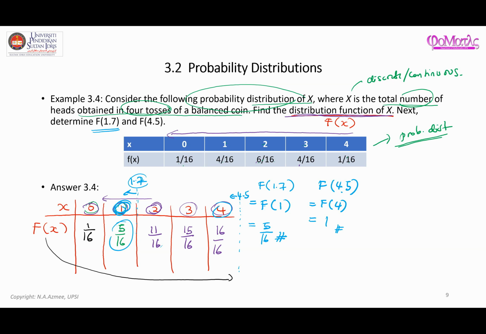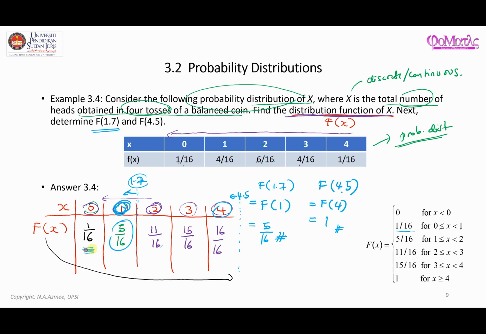Okay, there is also another way of writing down the distribution function of X, and this is how we can do it. You can see that we use the notation of x being between two values. So 1/16 is referring to this part here.